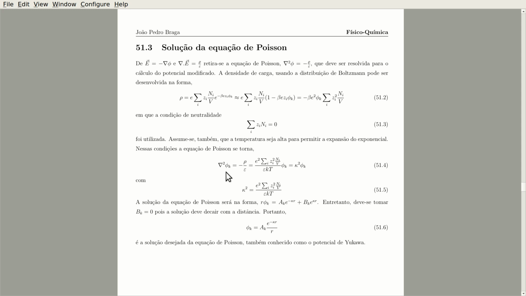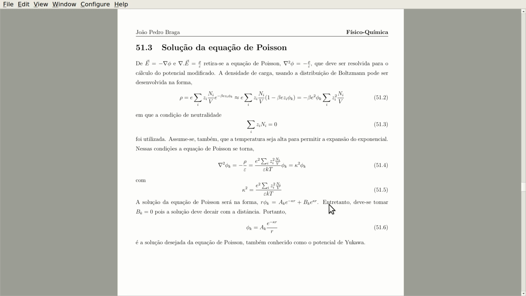Actually, this Poisson equation, although it's a partial differential equation, you can transform it. If you make this substitution, you get just a second order derivative of this function here. It's a very simple transformation, and you are going to end up with this solution.